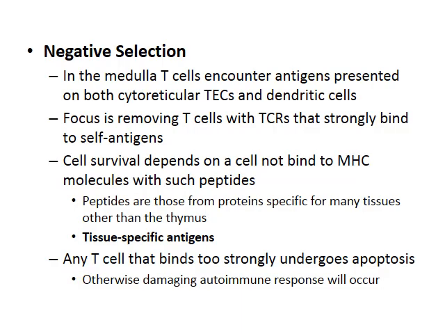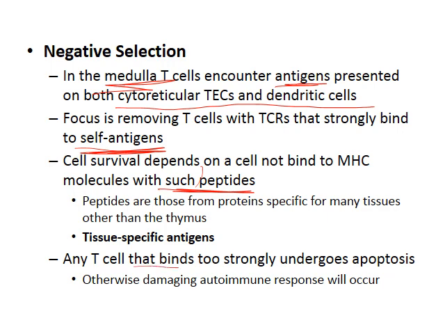Then we go into negative selection. This is going to occur in the medulla, where they encounter antigens presented by cytoreticular cells and dendritic cells. The focus is to make sure that these cells do not bind to self-antigens. If they don't bind strongly to MHC molecules with our own self-antigens, with these peptides, then we are good.